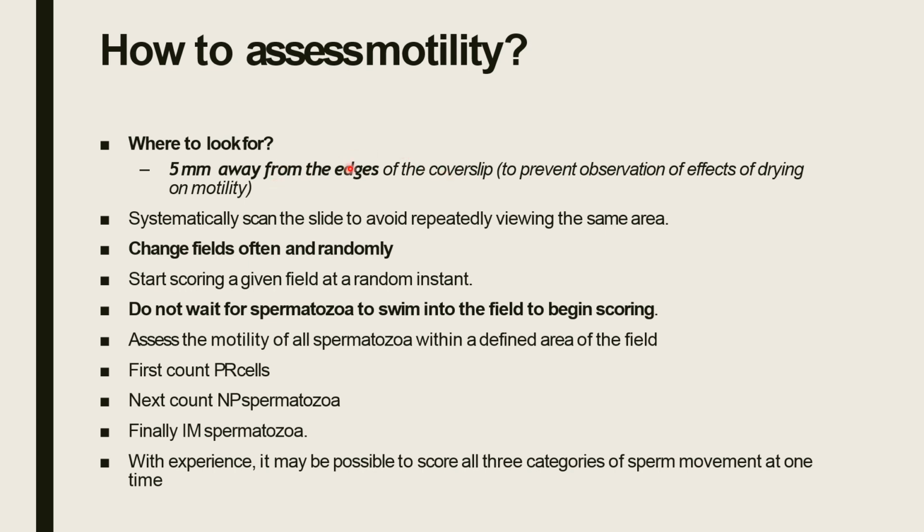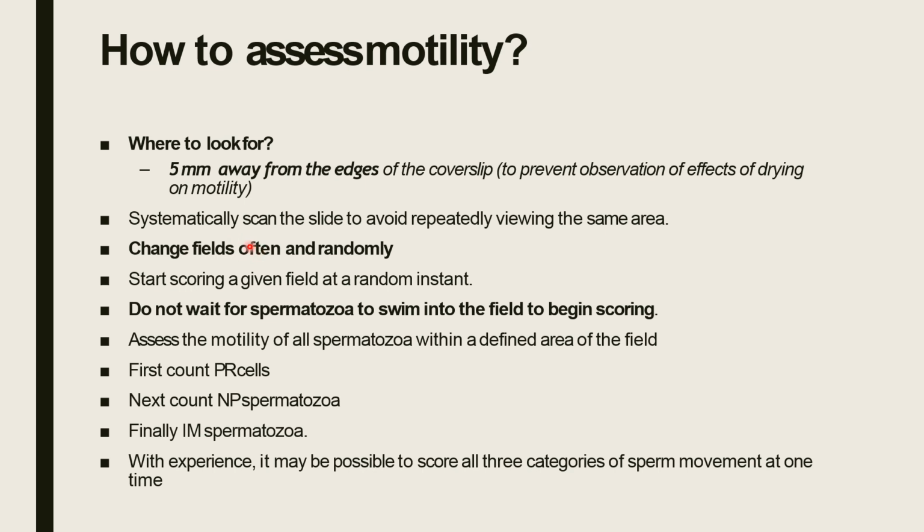The sample would dry at the edges, and then systematically we have to scan to avoid repeating the same area. We have to change the fields randomly. If the sample is not homogenized, it is more needed to change the fields randomly in order to be less biased.